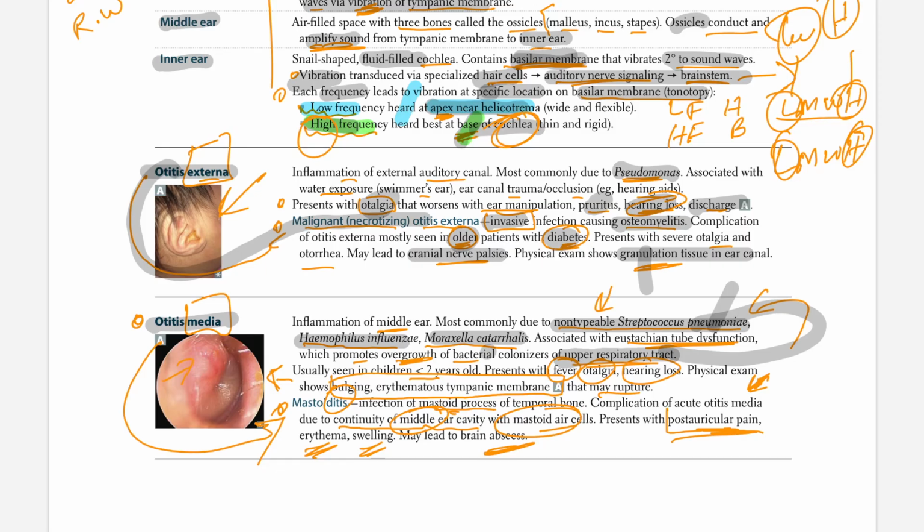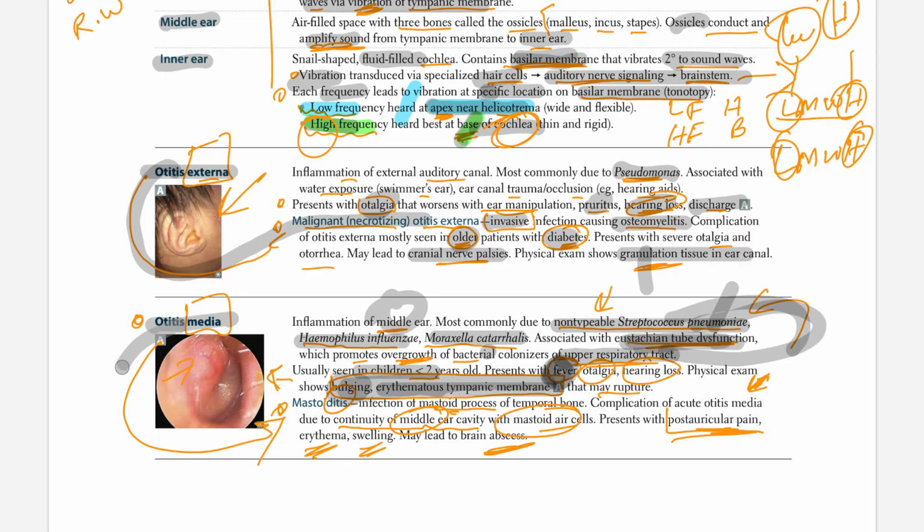Because there's overgrowth due to eustachian tube blockade or dysfunction, and that just goes back into the middle ear and causes infection. They're usually seen in children less than 2 years of age. And fever is there, high yield, hearing loss, bulging erythematous tympanic membrane, high yield.